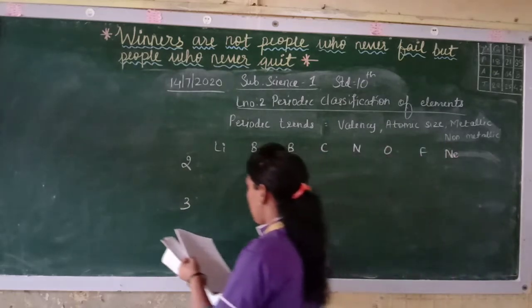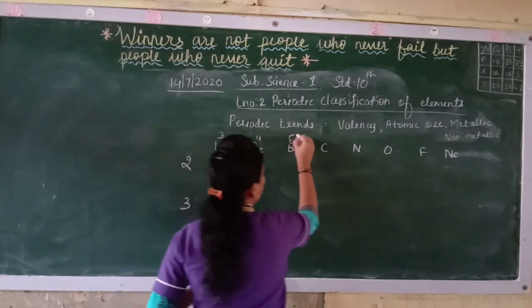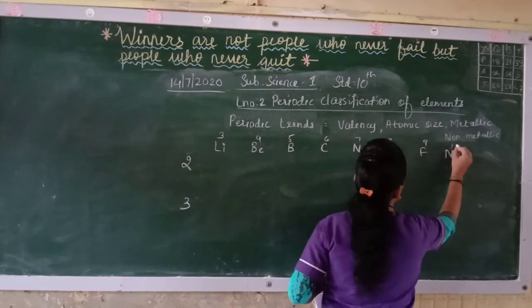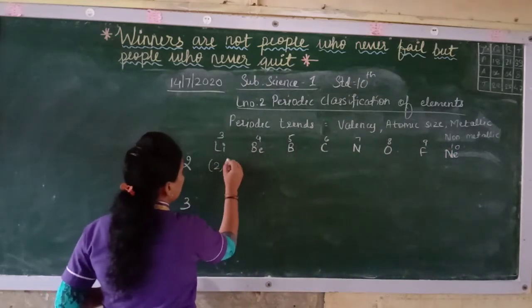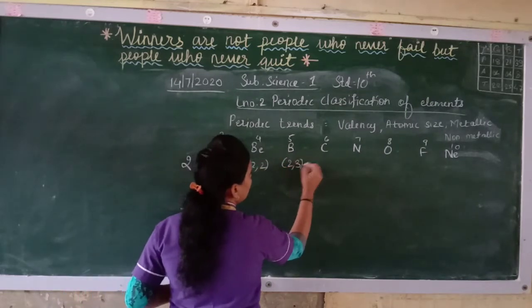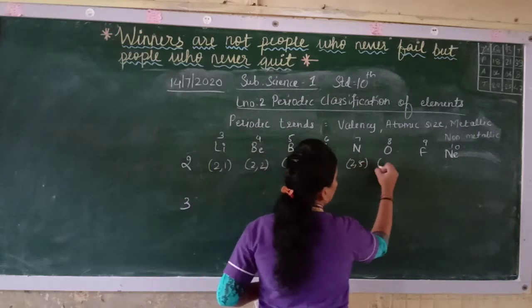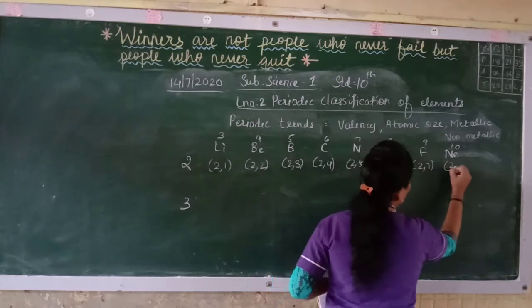Now if you see the atomic numbers over here, you will have 3, 4, 5, 6, 7, 8, 9 and 10. So what will be the electronic configuration over here? It will come to 2,1; 2,2; 2,3; 2,4; 2,5; 2,6; 2,7 and 2,8.